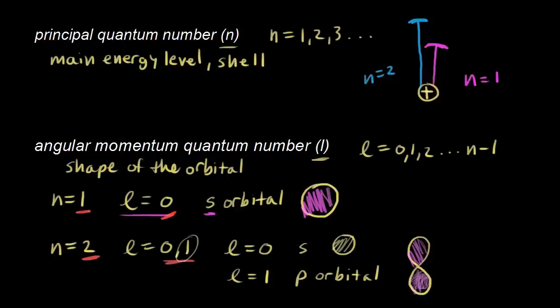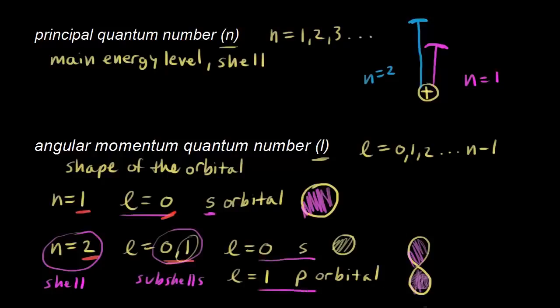Sometimes you'll hear these called subshells. So if n is equal to 2, and we call this a shell, then we would call these subshells. Again, we're talking about orbitals: l equal to 0 is an s orbital, l equal to 1 is a p orbital.